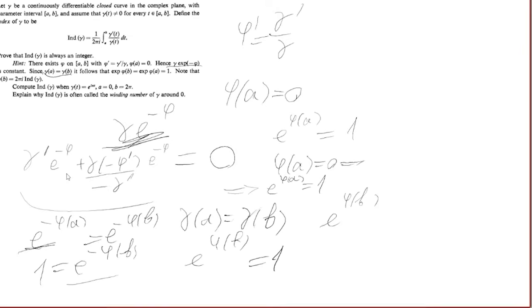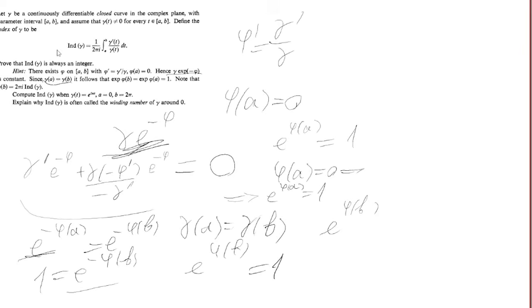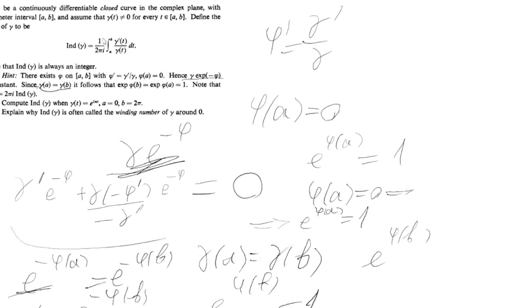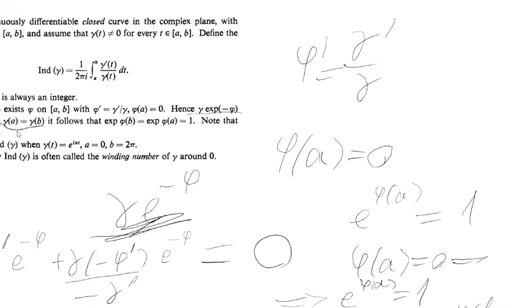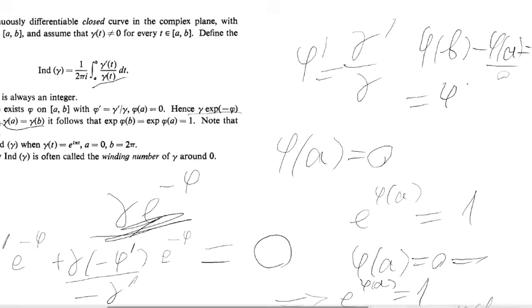Alright, so now using these facts, I can finally go ahead and show that this integral is going to be an integer, which is actually fairly simple. So what we can do is say that this is just phi prime, so when we integrate it, we just get phi of b minus phi of a. And now recall how phi of a is 0, so that's going to be phi of b over 2 pi i.